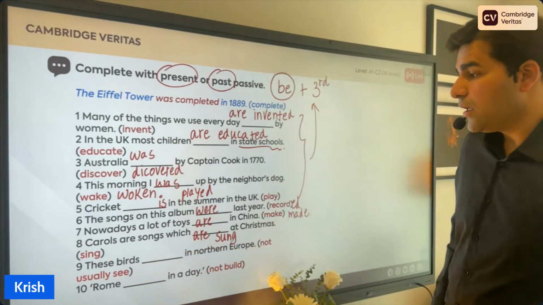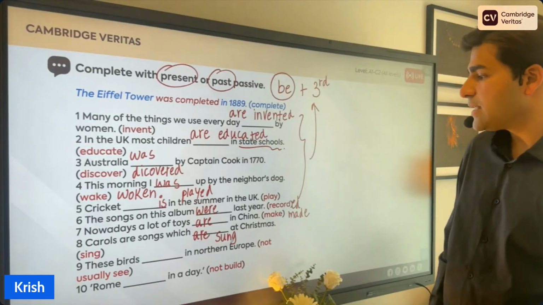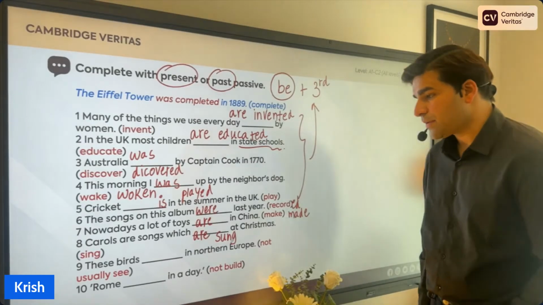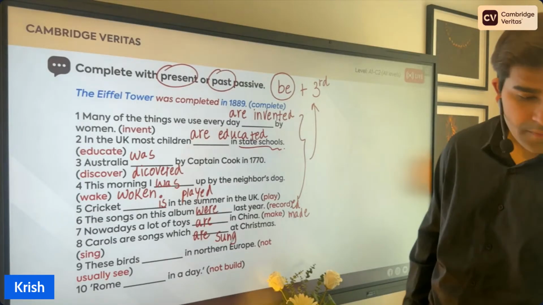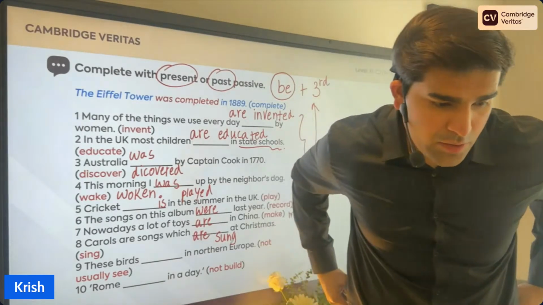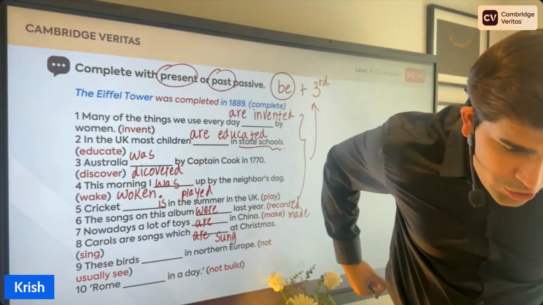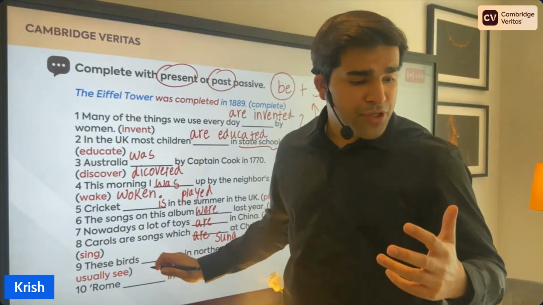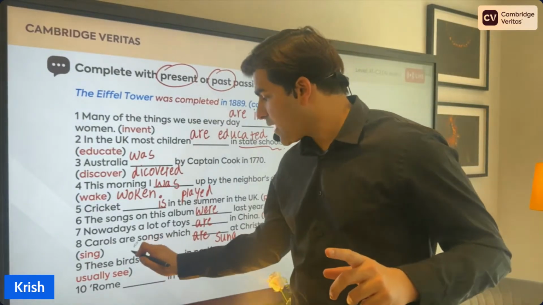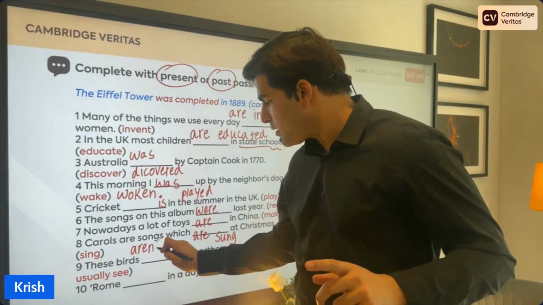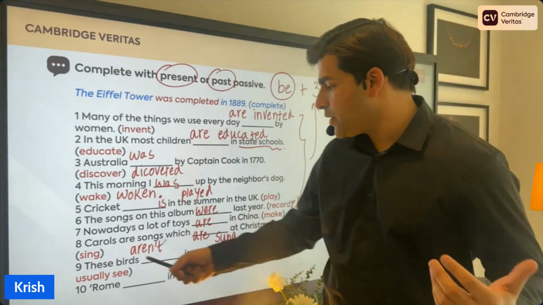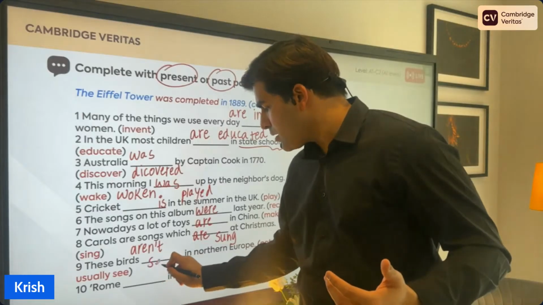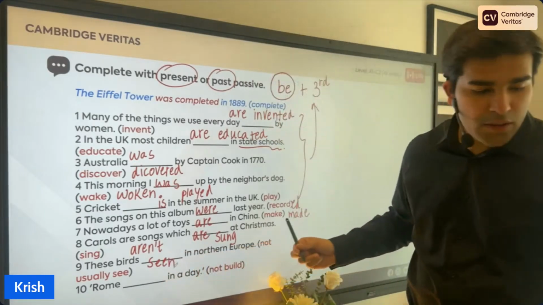Number 9, these are birds dash in Northern Europe. These are birds. Looks like it is present. Are not usually seen. Yeah, so I'm just going to write the contraction of are not, so that is aren't. These birds aren't usually seen in Northern Europe.